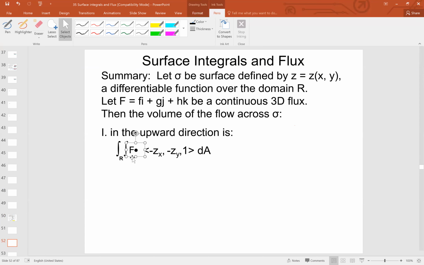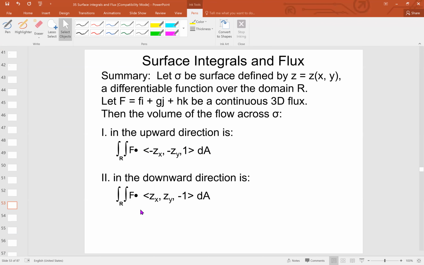F is the flow field, and this, of course, is the normal vector defined by the partials with z equal to 1 pointing up, and you dot these two vector fields and integrate over the domain R. If it's downward, then you change the sign for the partials.